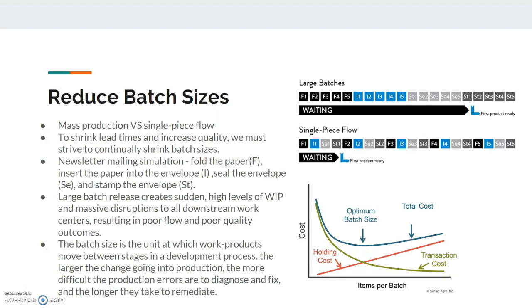The batch size is the unit at which work products move between stages in a development process. The larger the change going into production, the more difficult the production errors are to diagnose and fix, and the longer they take to remediate.